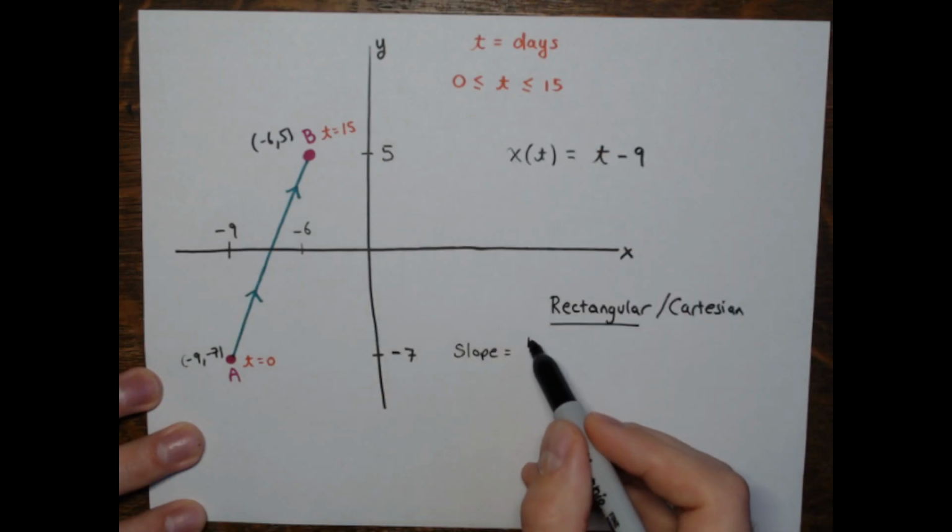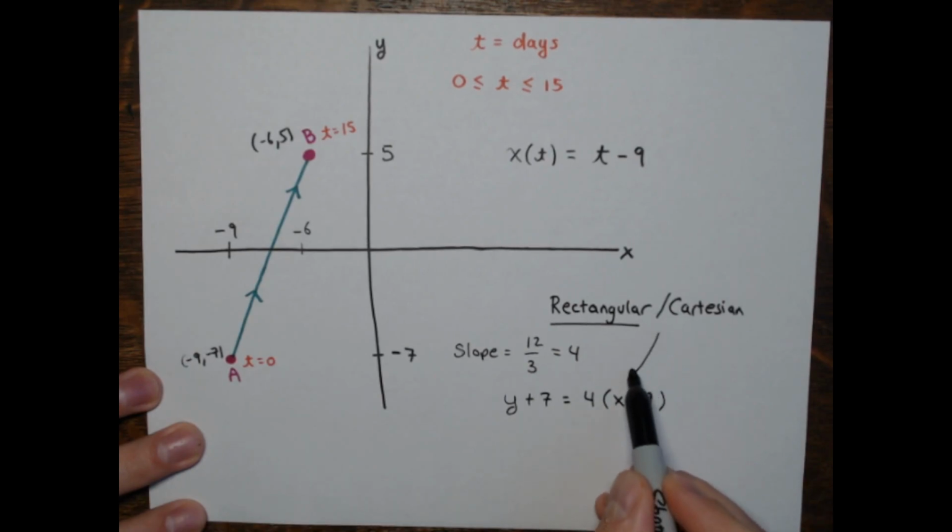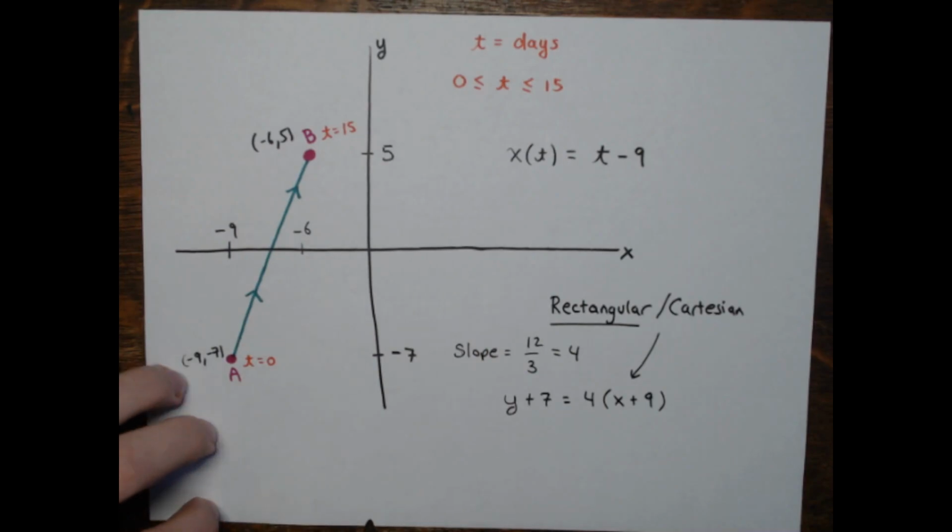So it's 12 for the change in y, went up 12 over 3. So it has a slope of 4. And then I'll just use this point down here to write the equation in point slope form: y minus -7, so y plus 7, equals the slope times x plus 9. There's the rectangular equation for the line that this segment's on.